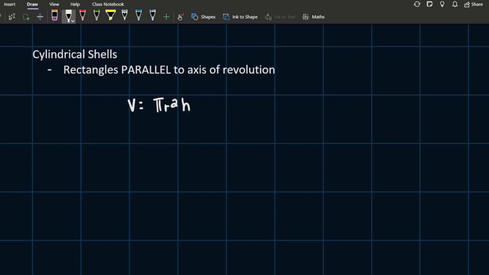volume using cylindrical shells. Okay, let us first consider an arbitrary sketch of the graph of a region na ire-revolve natin and kukuha natin ng volume using the method of cylindrical shells. Ganito yung region natin.